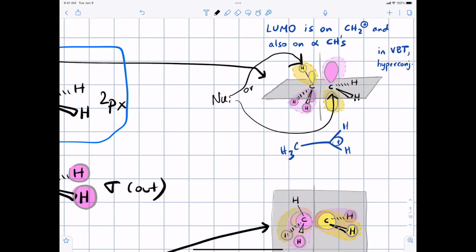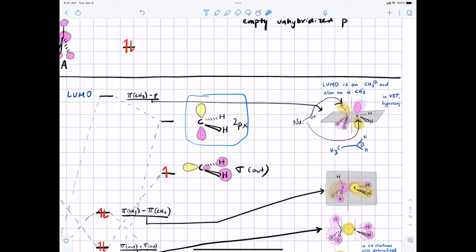And depending on where it attacks, you have different consequences. If you attack here, you make a new bond between carbon and nucleophile. If you attack here, you make a new bond between the nucleophile and hydrogen, and then you make a new pi bond there. Okay?